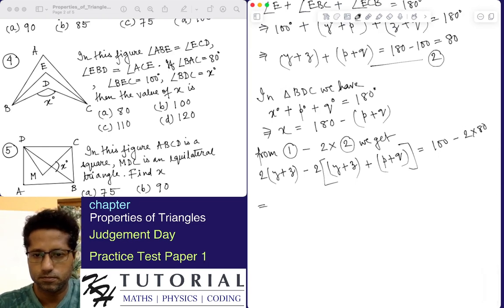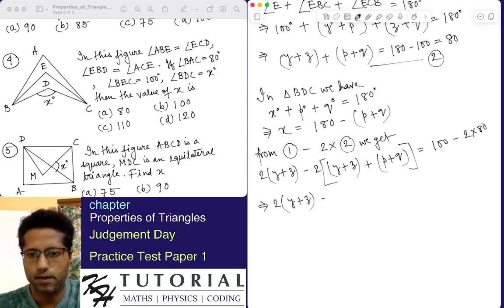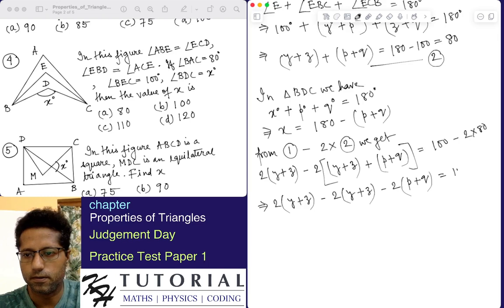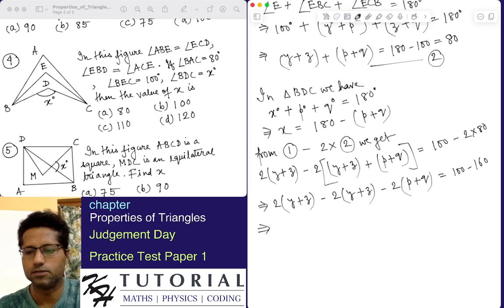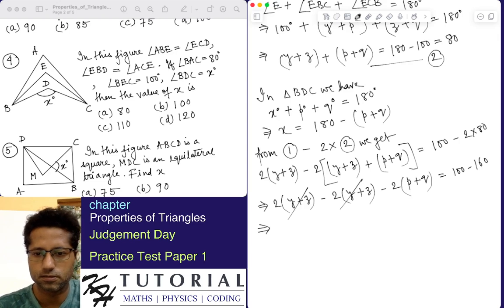So this implies 2 y plus z minus 2 y plus z minus 2 p plus q. The right hand side becomes 100 minus 160. If we simplify both the sides, we get 2 into y plus z cancels, these two terms cancel, and we have minus 2 into p plus q is equal to minus 60.